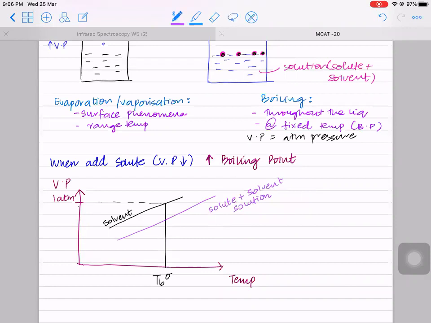And now if you see 1 atmosphere pe, it is requiring more temperature. So the boiling of the solution now, do you see, occurs at a greater temperature? Do you see this difference between TB naught and TB? This TB is the boiling point of the solution, whereas TB naught is the boiling point of just the solvent, pure solvent without the solute.